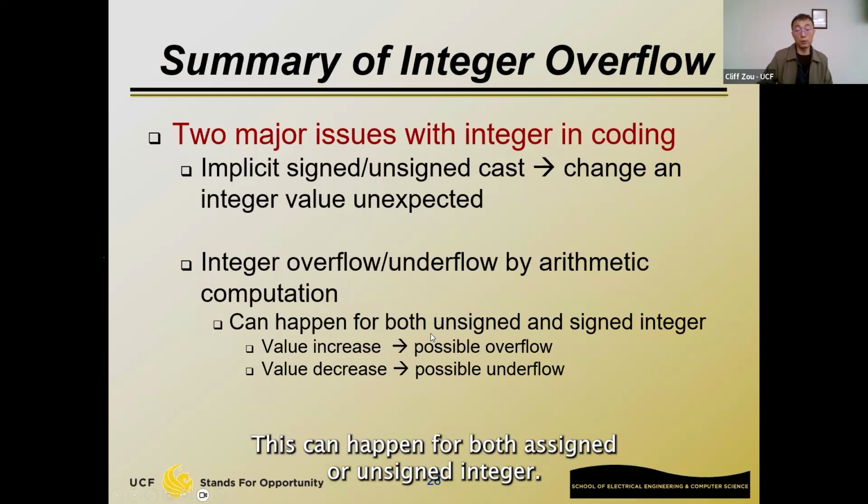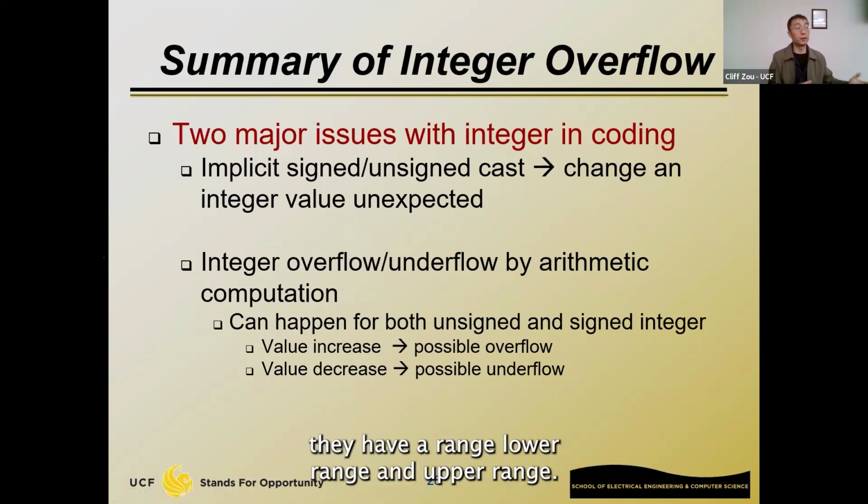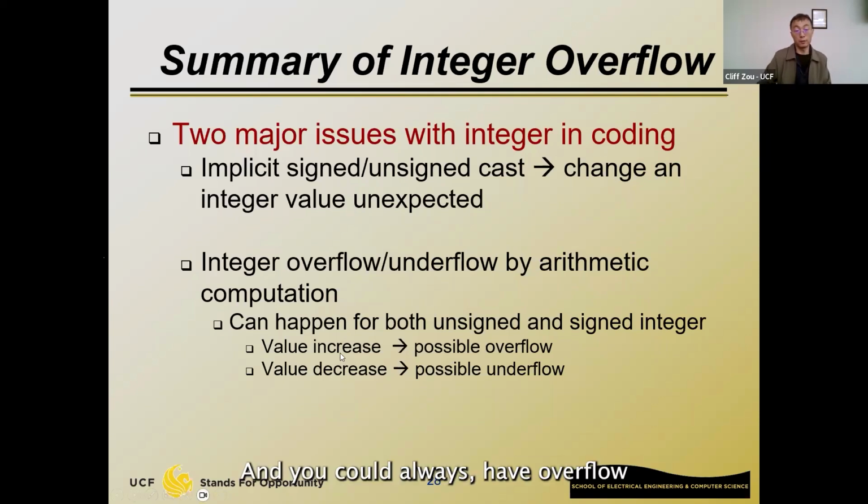This can happen for both signed and unsigned integers, because both have a lower range and an upper range, and you could always have overflow or underflow issues for an integer.